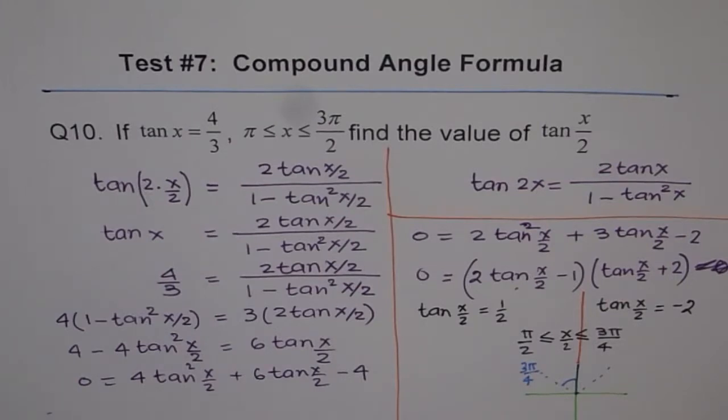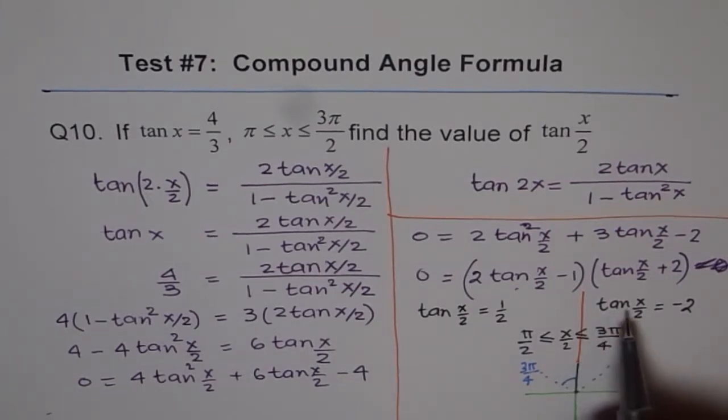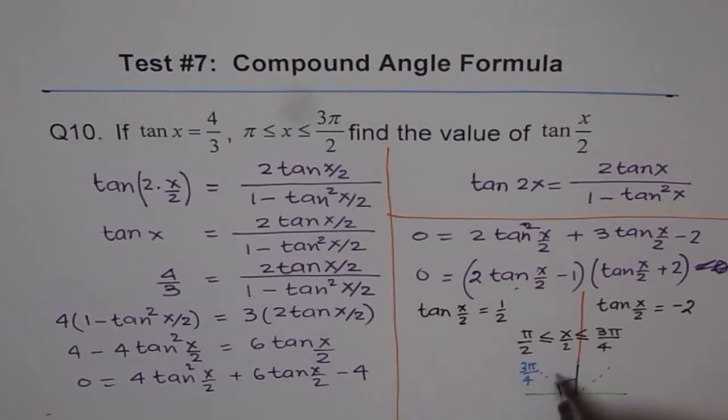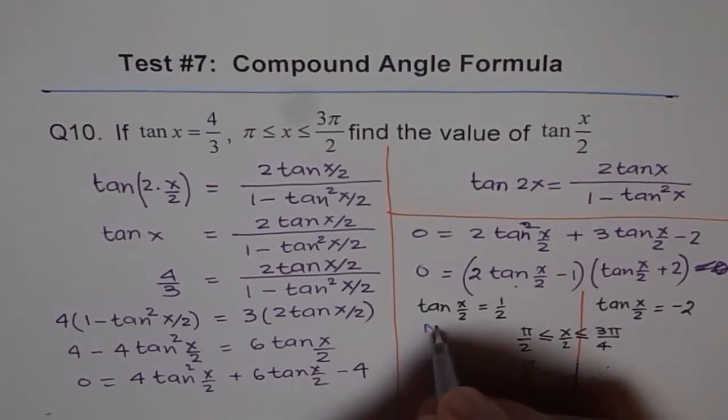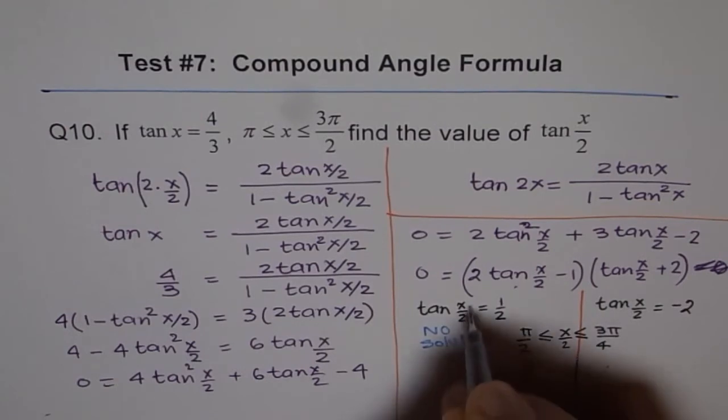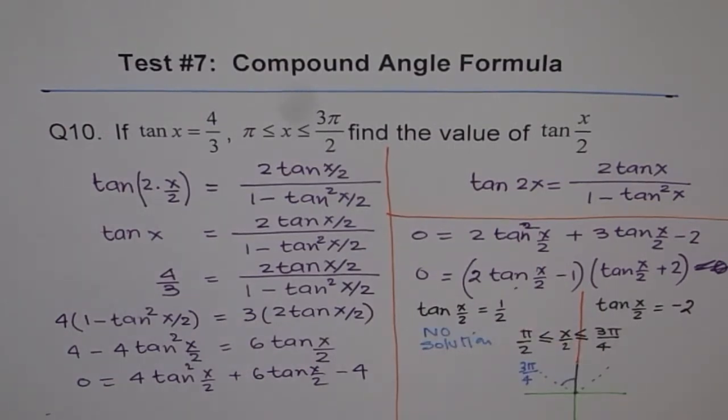As you know, in this region tan is negative. It has to be negative, it cannot be positive. Therefore, tan x by 2 equals half does not have any solution, because in this region, in our given domain, we cannot get half. So tan x by 2 equals half has no solution.